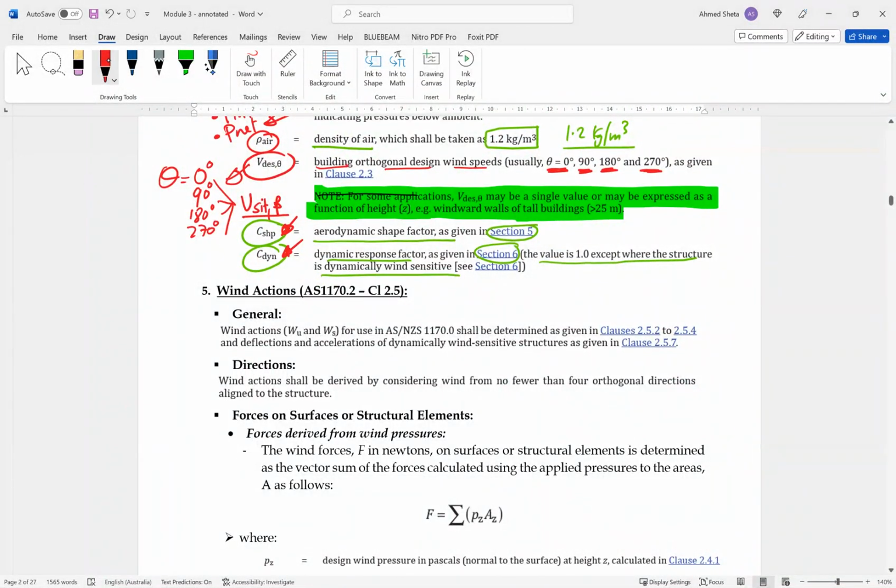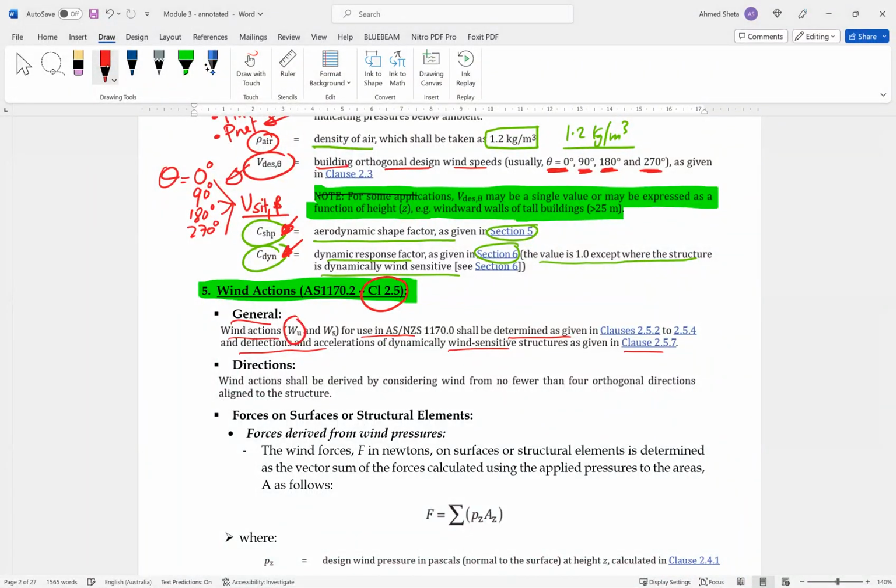The next topic we have is wind actions, which is in clause 2.5. In general, wind actions W ultimate and W serviceability for use in the Australian standard shall be determined as given in clauses 2.5 and 2.4, and deflections and acceleration of dynamically wind sensitive structures as given in 2.5.7.